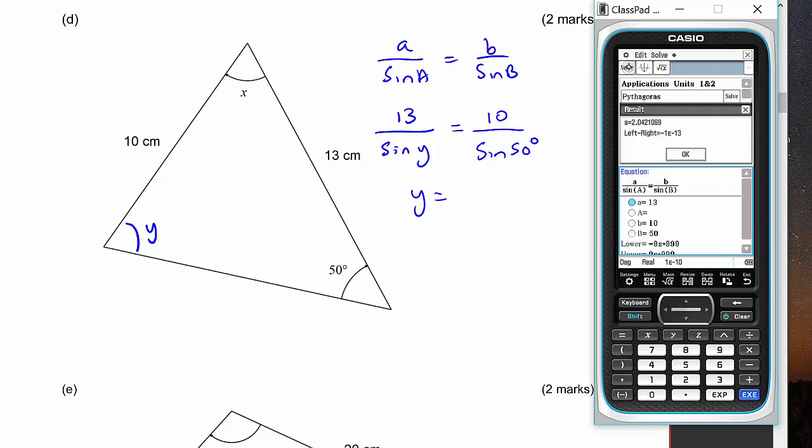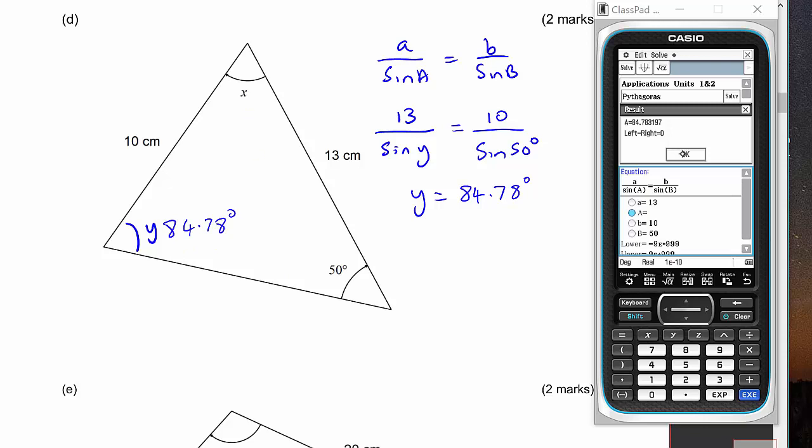And let's see what that gives us. So I must have put it in the wrong spot. Yes, let's see what I did. And so this one was 13, and I was trying to find that. So that's given me 84.78 degrees. So that's this one here.